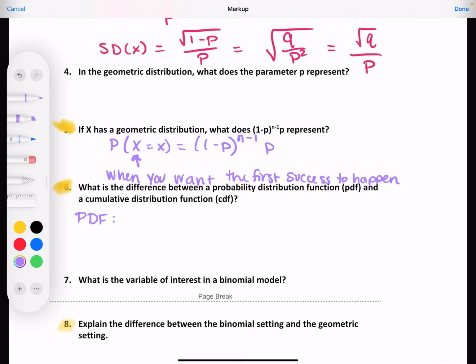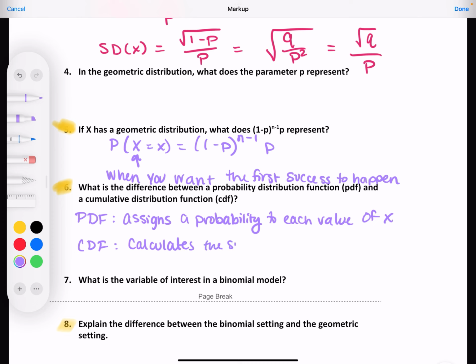So PDF assigns a probability to each value of x. CDF specifically calculates the sum of the probabilities up to x.